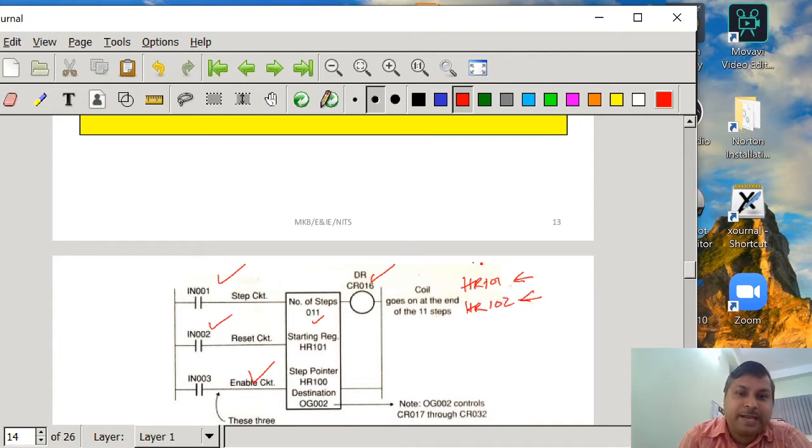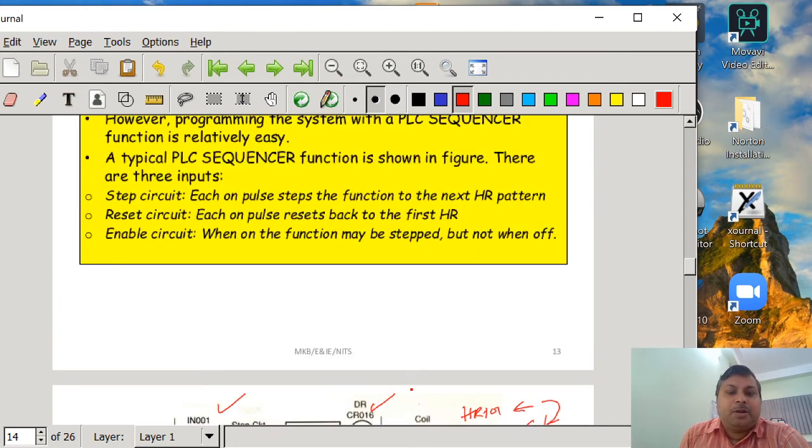Each step moves from one register to another to execute that particular pattern, and that status is transferred to OG002 so that you can control the particular output pattern.